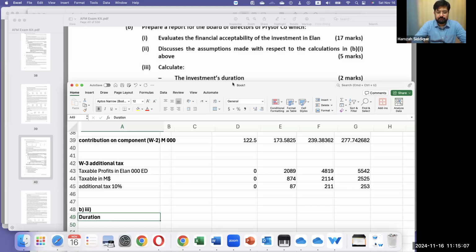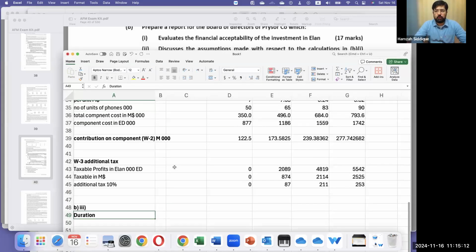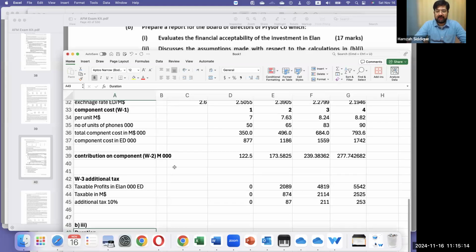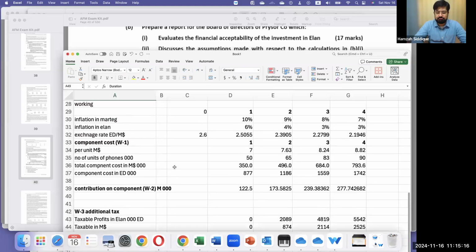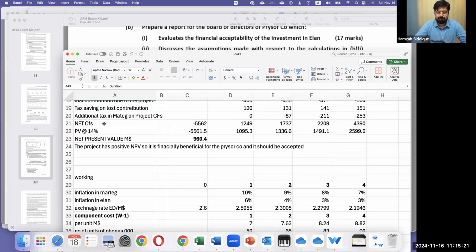Duration we need to calculate. So what we will be doing, we will be picking these cash flows from here.